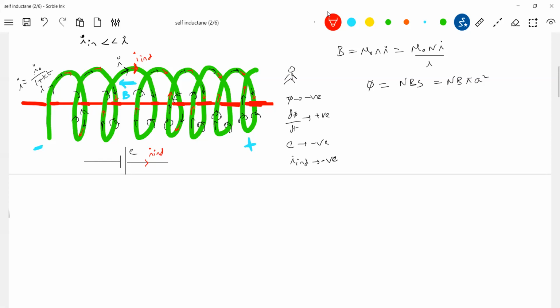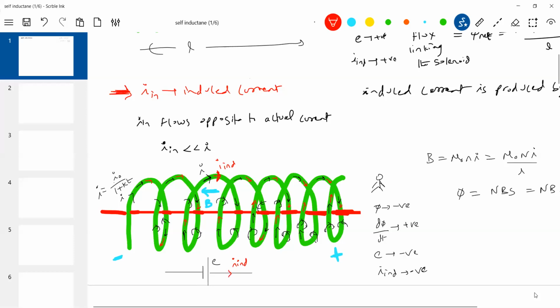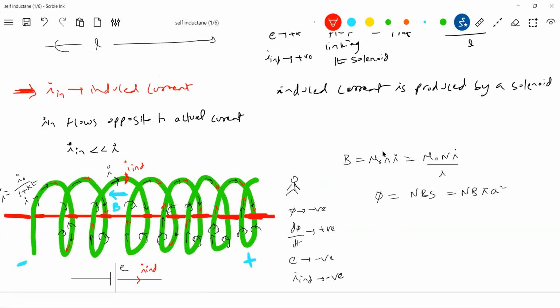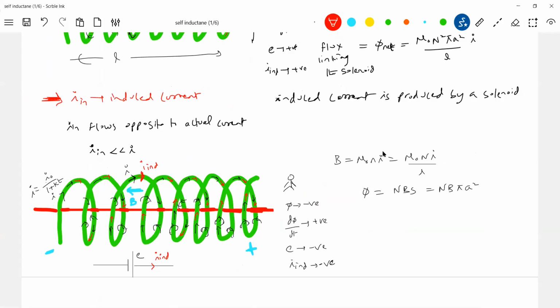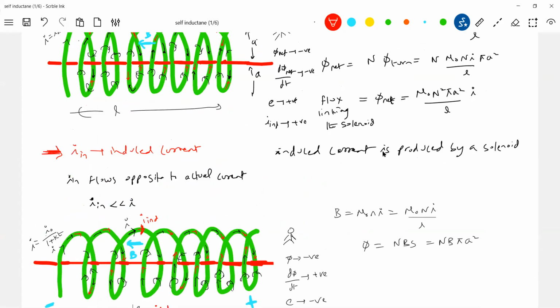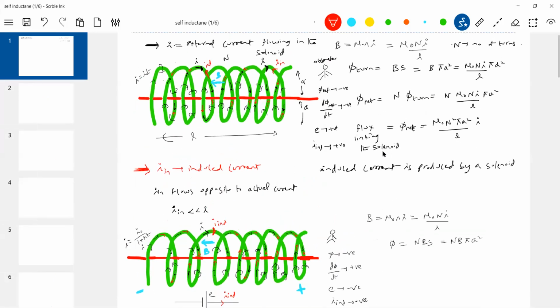Similarly, let me show both the things. Look at this one. Similarly here, how is the induced current flowing? The induced current is flowing opposite to actual current.